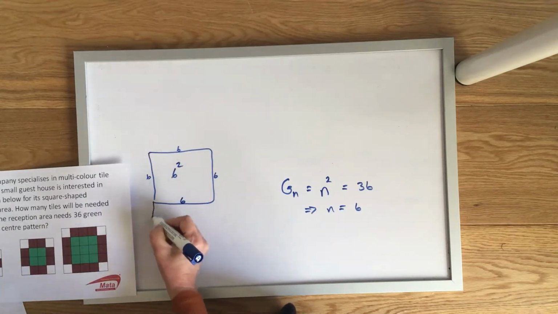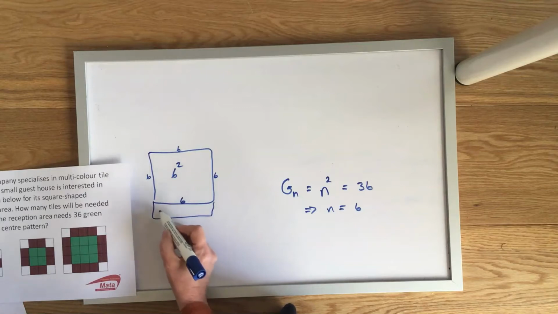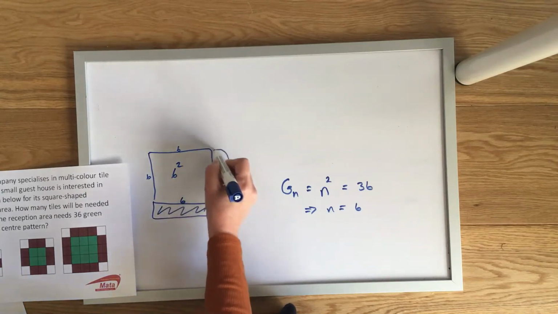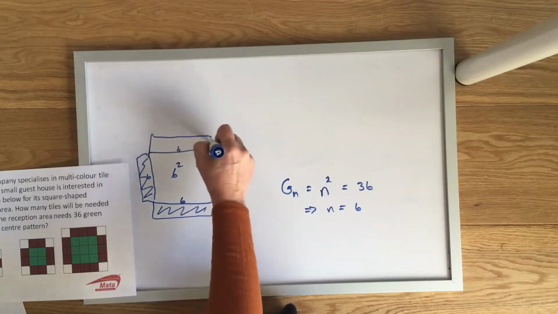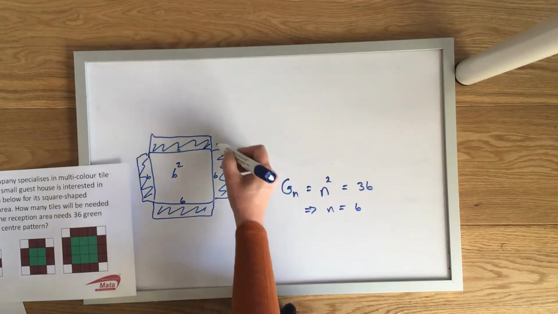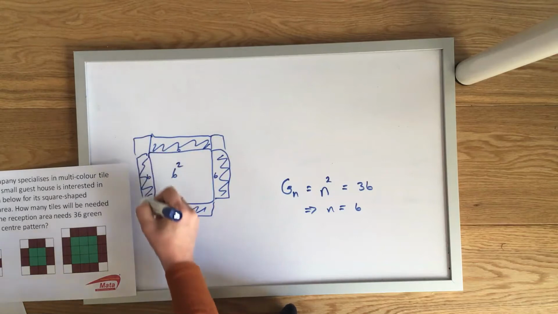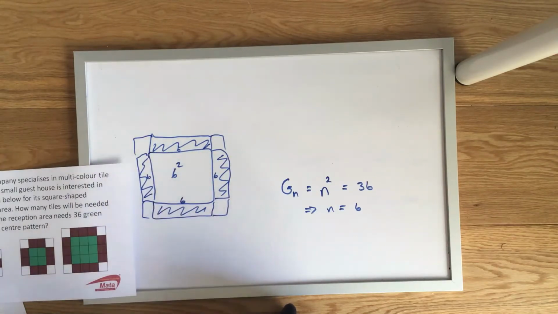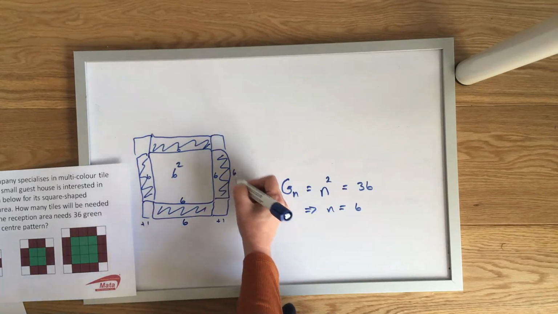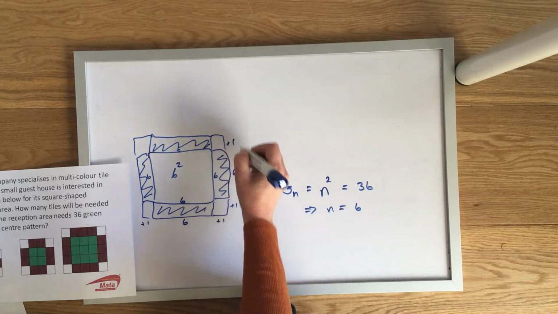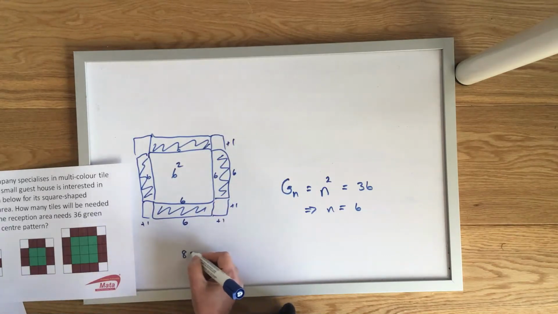So I'm going to have 6 brown tiles along each edge also. And then I'm going to have 4 square tiles in the corner, white ones. So I've got 6 plus 1 plus 1, or you could say I have 8 times 8 is 64 tiles altogether.